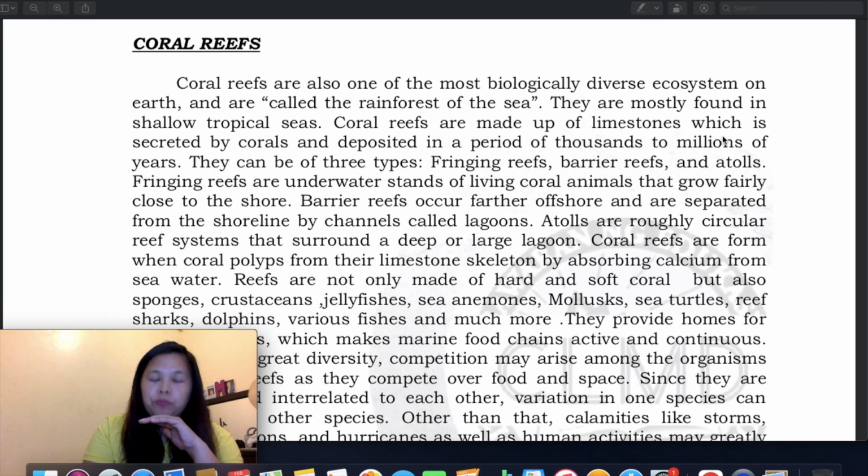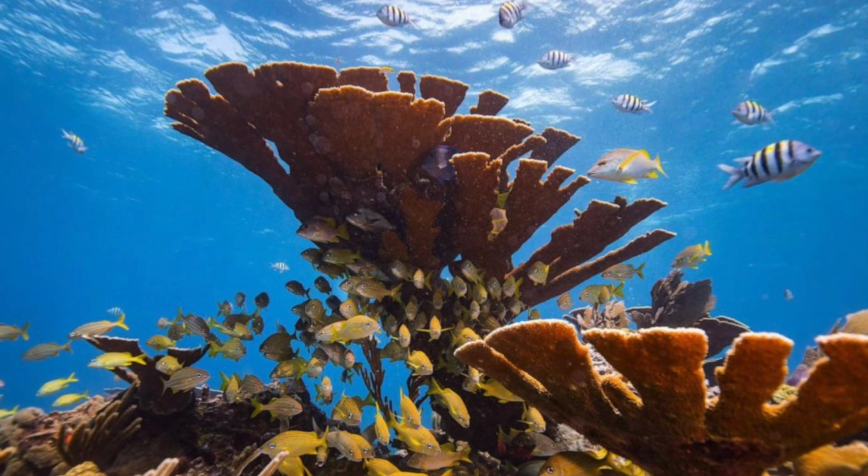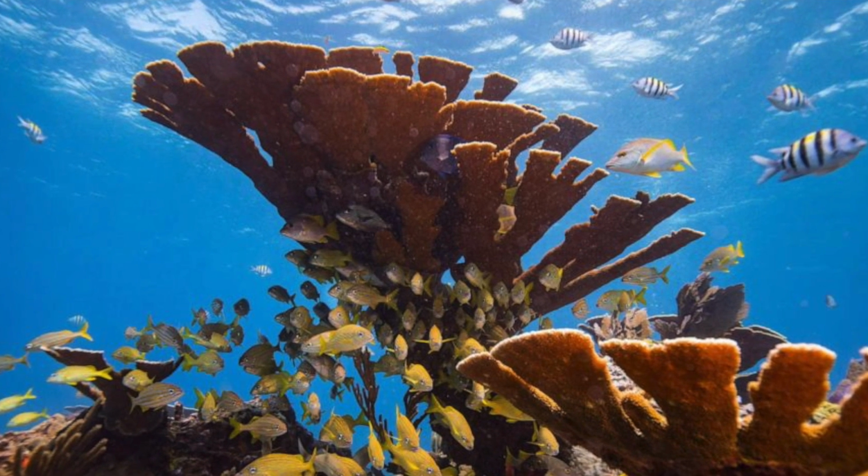Okay, so dito sa Philippines naman, and dun sa lugar namin sa Leyte, so meron kaming pinipreserve doon ng mga coral reefs dahil doon po pinapanganak yung mga isda. So, yun. Okay, so here, the coral reefs are made up of limestone which is secreted by corals and deposited over a period of thousands to 2 million years.